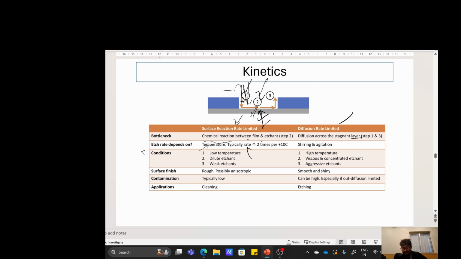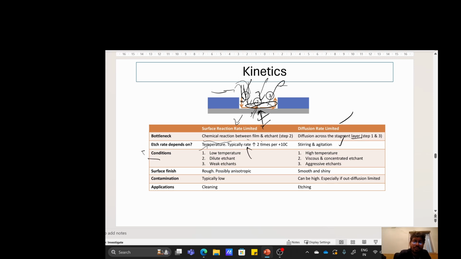By agitation, the products at the surface get removed, so this stagnant layer gets removed, and fresh solution can come and react. Because of that we can increase the diffusion.